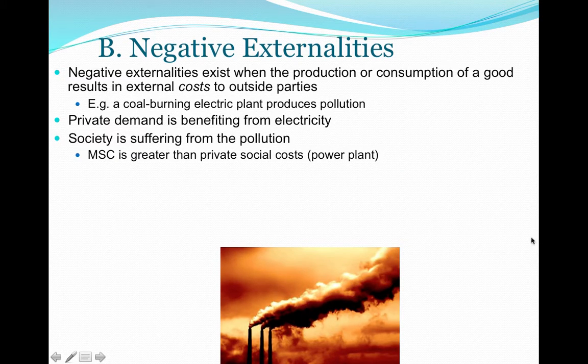This would be what's called a production externality, because when the good is produced, it creates a spillover impact onto society. Just note that when the producers make it, they don't intend to impact society, but they do.